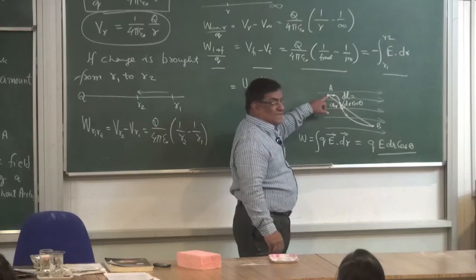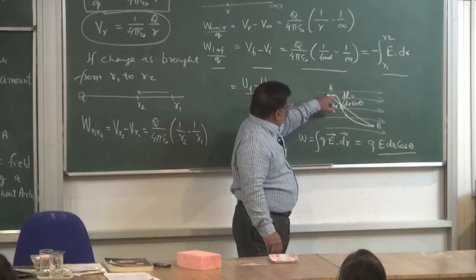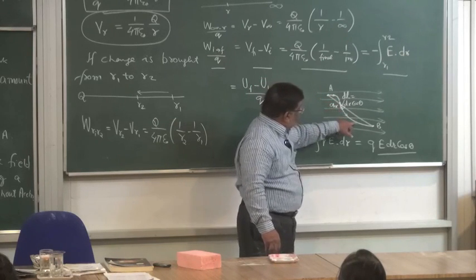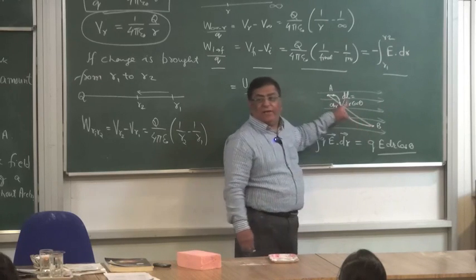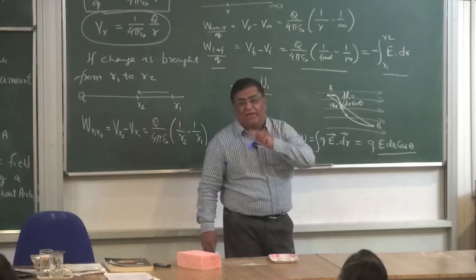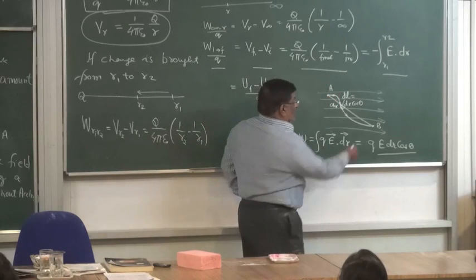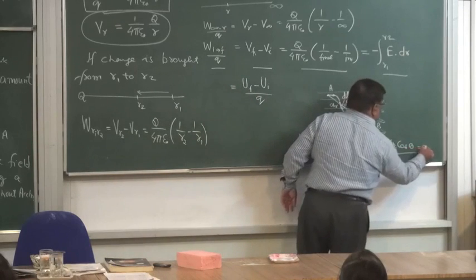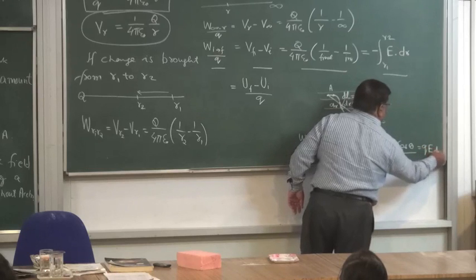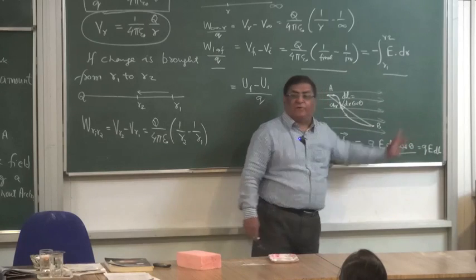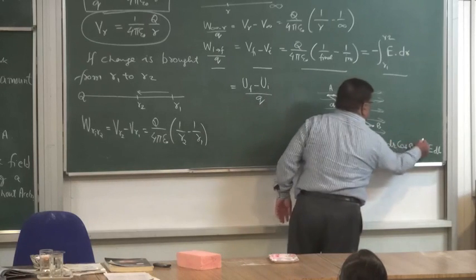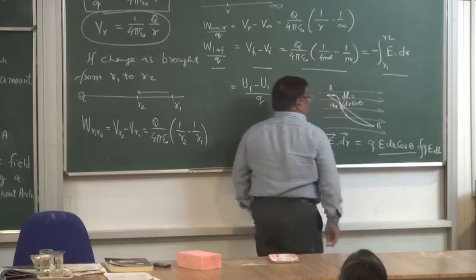Now if we go by this, dr cos theta, dr cos theta, dr cos theta, what do we get? This total dl, and this is a straight line. So this we can write as q E dl, because dr cos theta is equal to dl, and this is integrated.